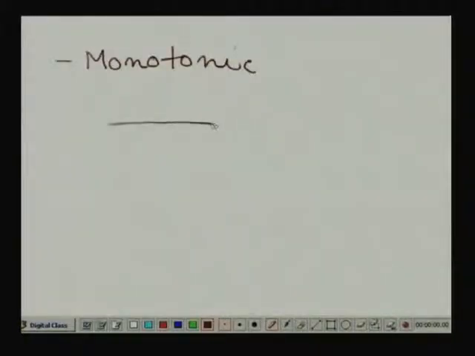So, if we go along this timeline and at this point I infer, say, x equals 5, then at a later point of time I cannot invalidate that reasoning.